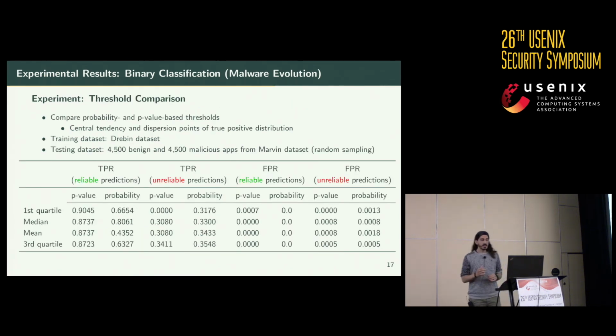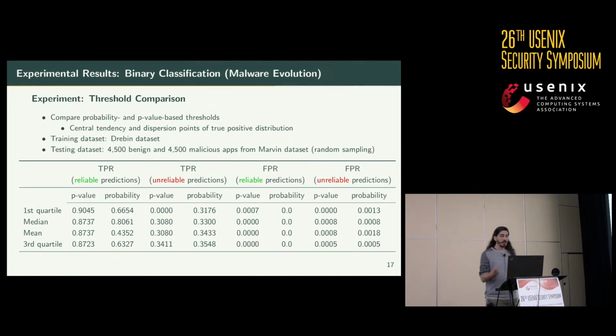So in this experiment, we ask ourselves if we can use other metrics to compute the threshold for identifying reliable or unreliable predictions. So the metric that we compare is the probability, because probability is given as an output for almost every machine learning classifier.